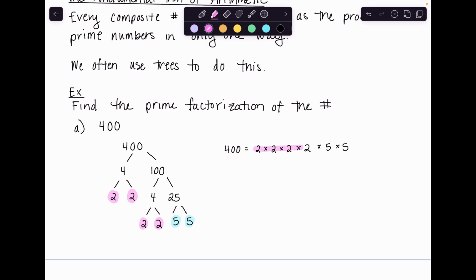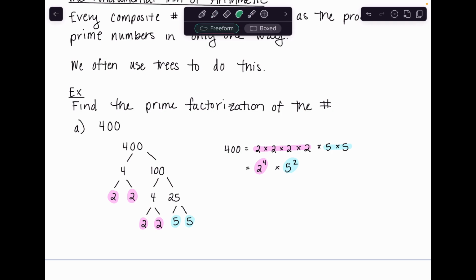So these are all the 2's from my branches, and these are all the 5's from my branches. So the way to concisely write this, 4 2's being multiplied is 2 to the 4th. And then 5 times 5 is really 5 to the 2nd. So this is my prime factorization, okay?